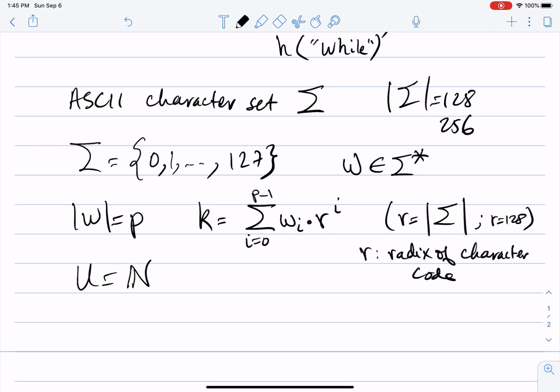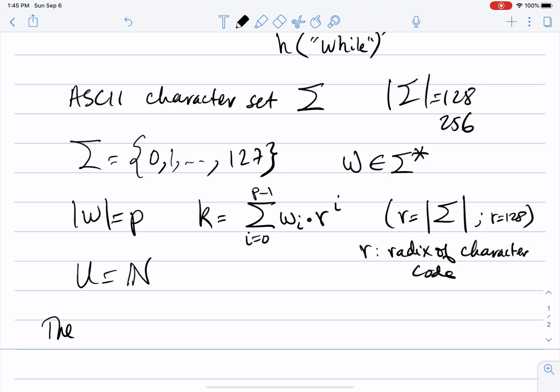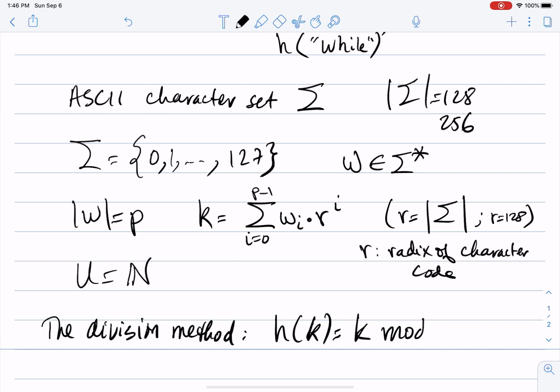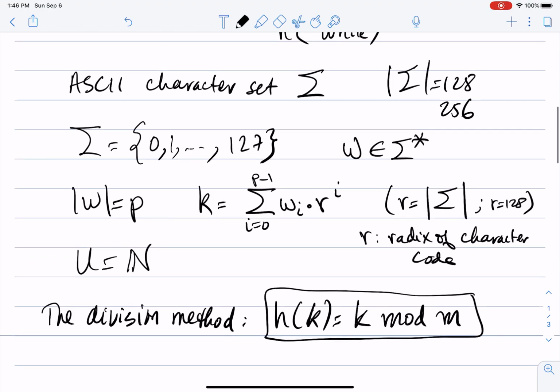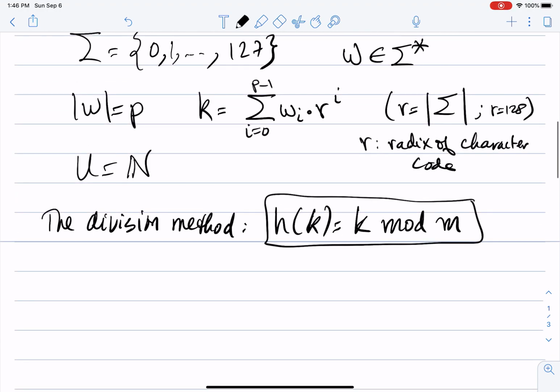Okay, so what is the division method? By the division method, h of k is k mod m. This is all it says: take the key, divide it by m, and return the remainder. Just to remind you, suppose k is 19 and m, let's say, is 7.